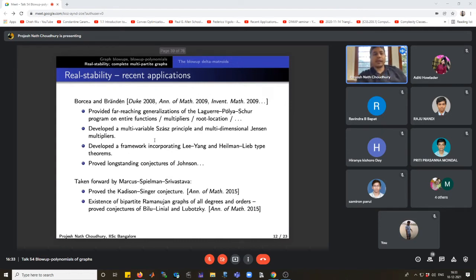This progress was then taken forward by Marcus, Spielman and Srivastava in proving the Kadison-Singer conjecture and the existence of bipartite Ramanujan graphs.